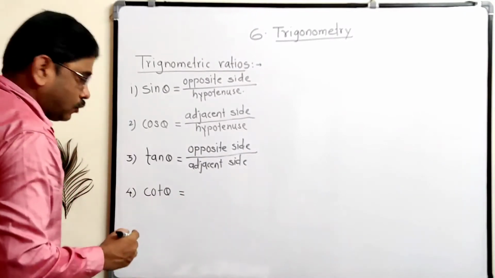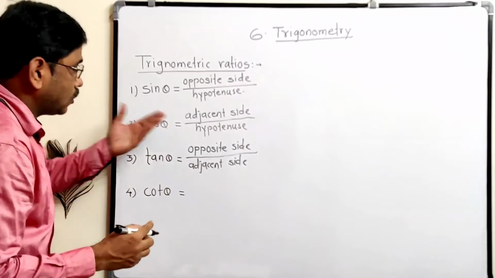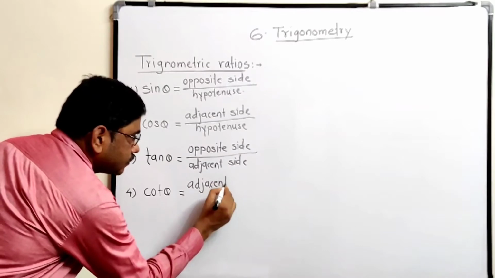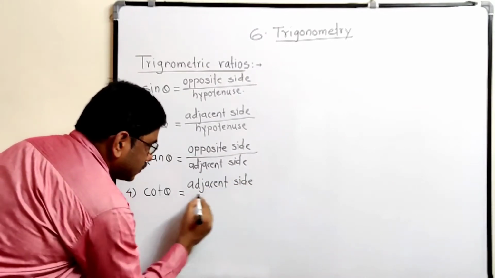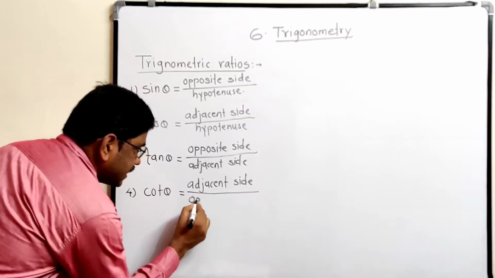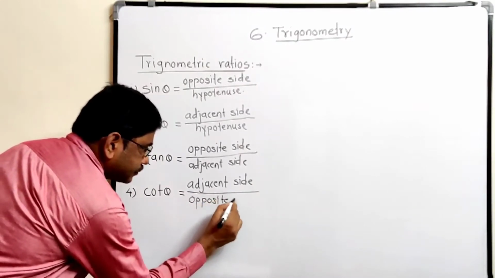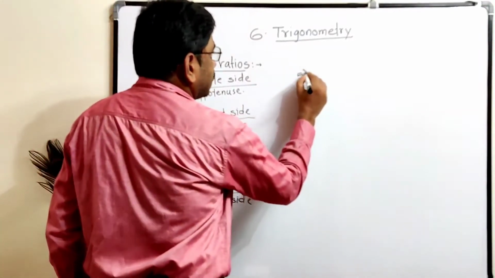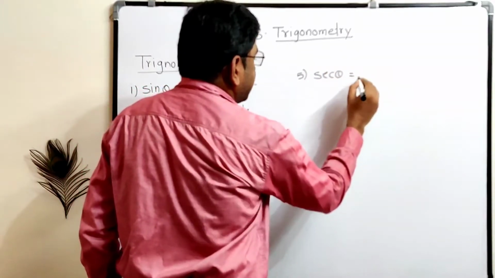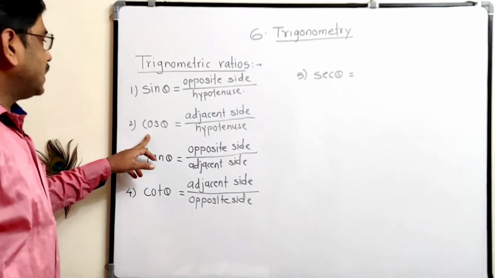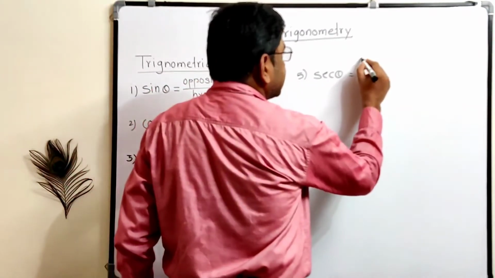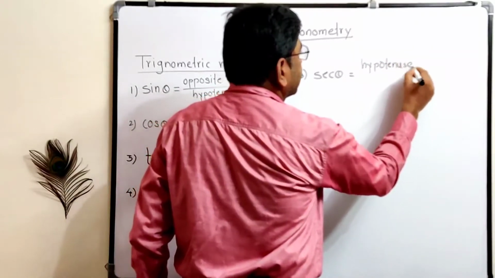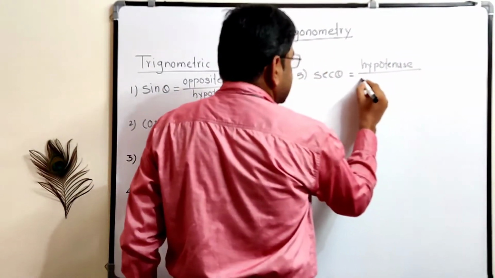So cot ratio, cotangent, tangent and cotangent. It is the reciprocal of tan. Adjacent side divided by opposite side. Then the fifth one is the sec ratio, that is sec theta. This is the reciprocal of cos theta, that means hypotenuse divided by adjacent side.